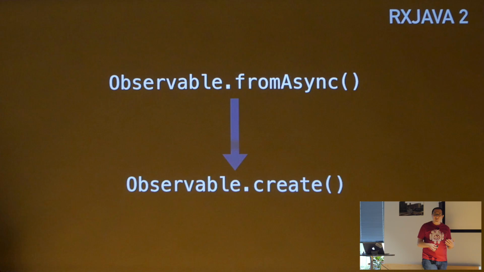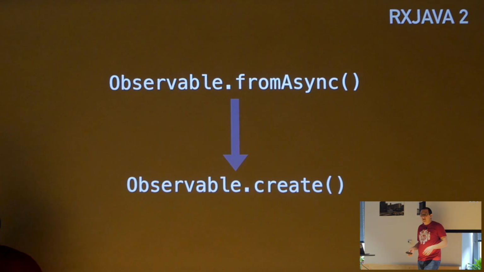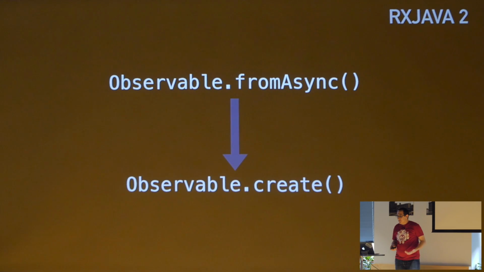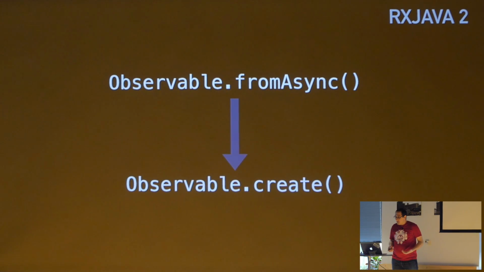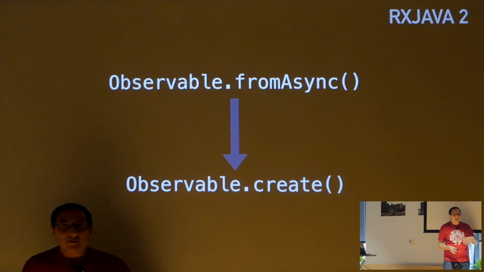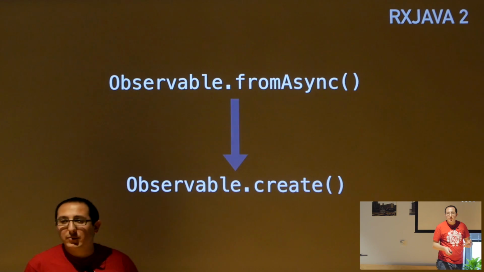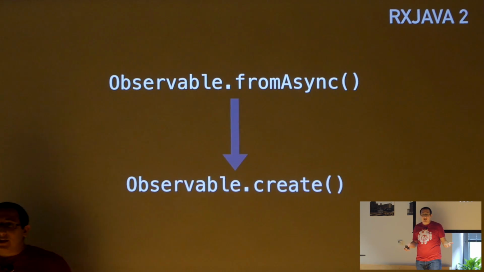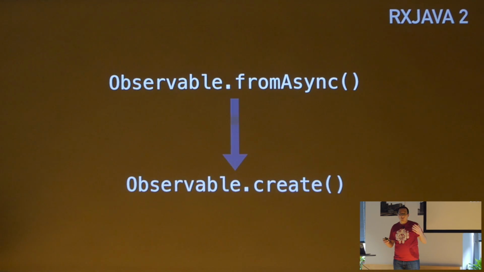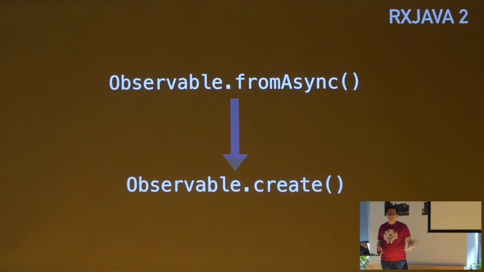Because we were told that with RxJava 1 we couldn't use observable.create, but now we can. It's strange, but this is why. Because now, without the support for back pressure, we don't need to worry about that, because we have Flowable that will help us manage the back pressure.